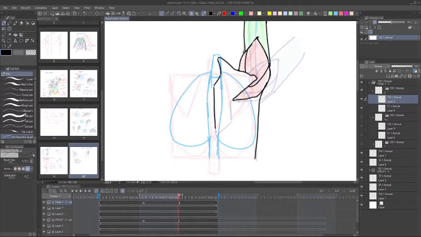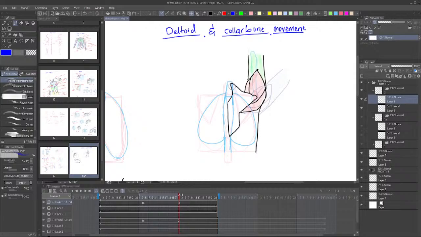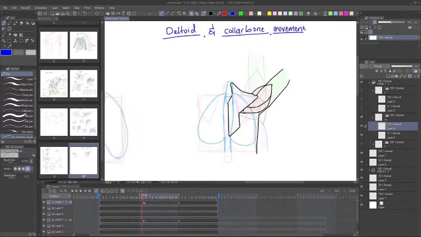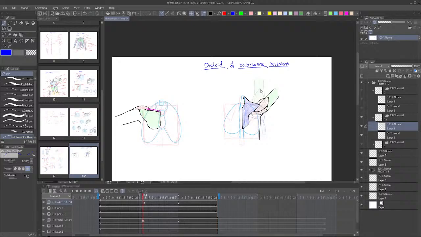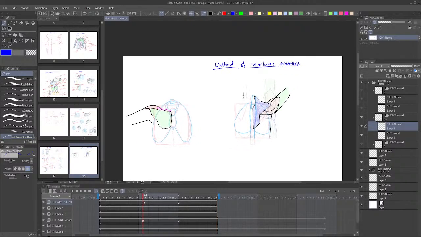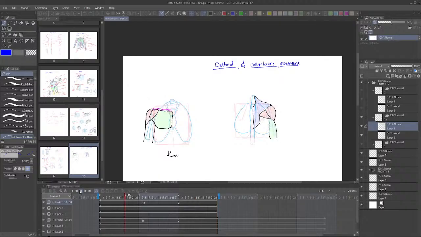So these are the traps, okay. You see how that muscle moves?